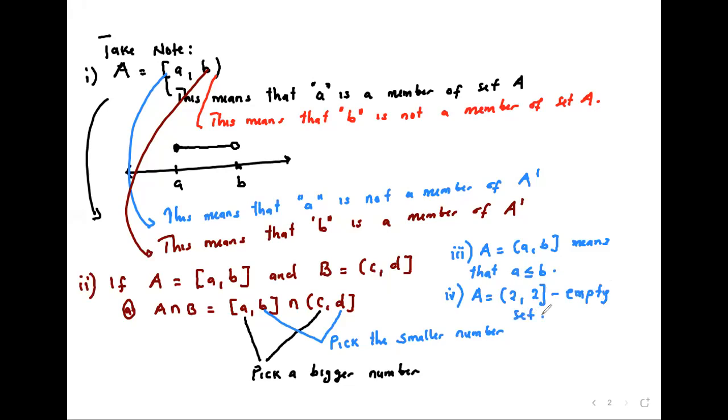Why is it an empty set? Because 2 is not included in the first bracket, and then it's included in the second bracket. So it's not making sense.